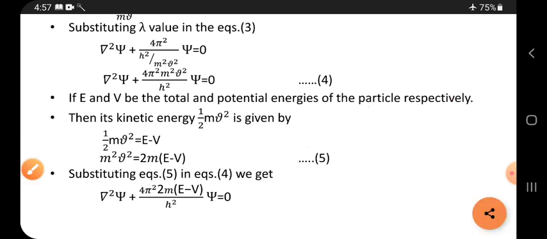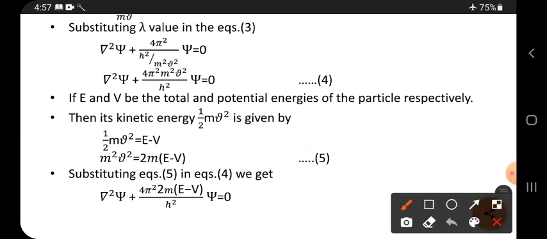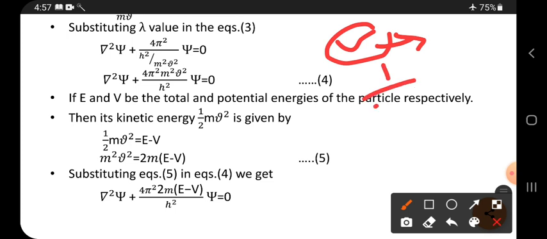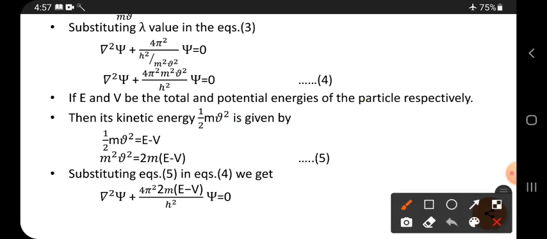Here the particle is moving. When the particle is moving, it has velocity, and its kinetic energy we write as half mv square. The total energy equation is E is equal to kinetic energy plus potential energy.